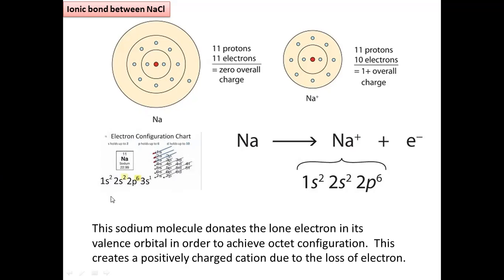So I am just repeating this. There are 11 electrons. First 1s2 is filled with 2 electrons, 2s2 is filled, and then 2p6, because p can have a maximum of 6 electrons.